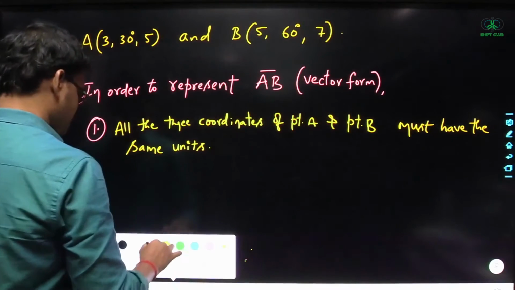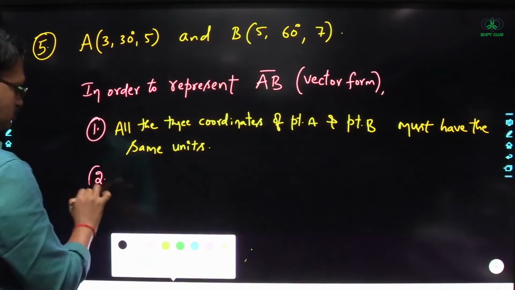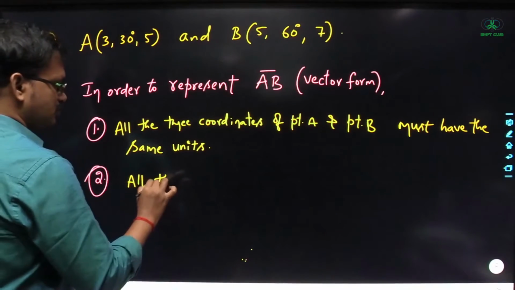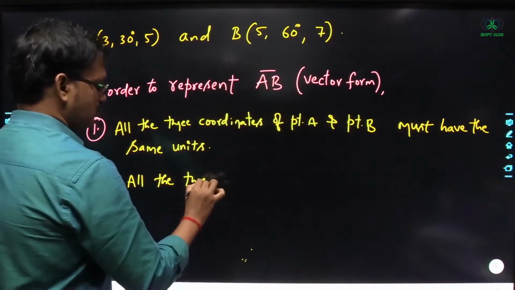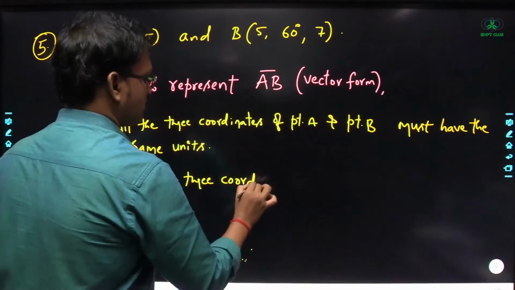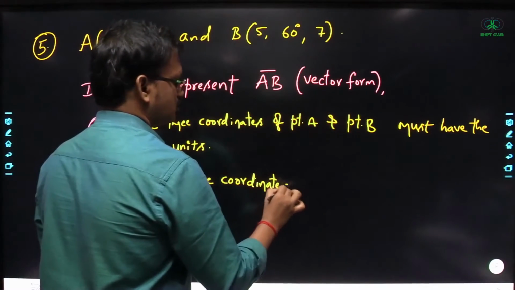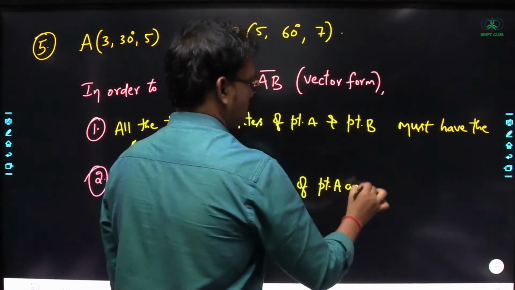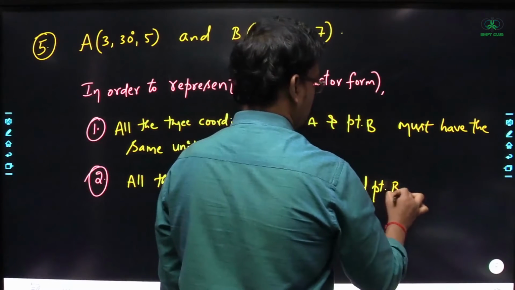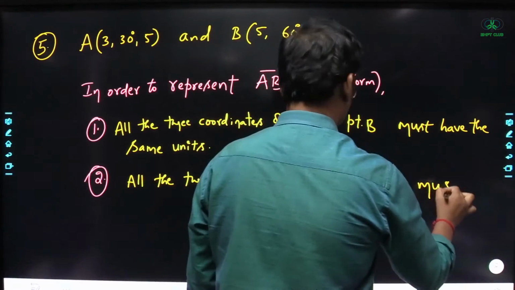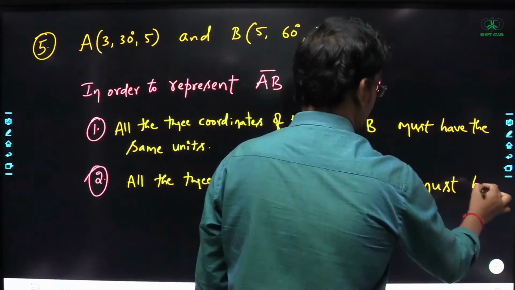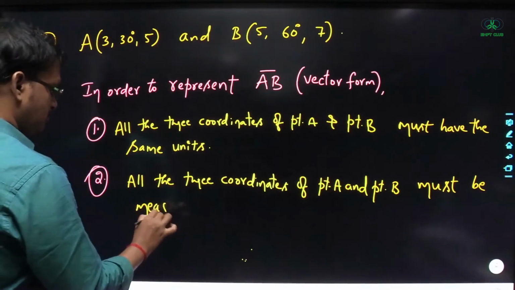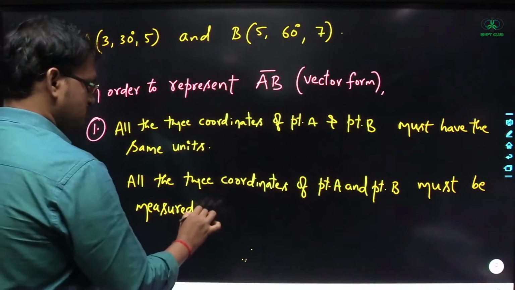Okay, so next condition: all the three coordinates of point A and point B must be measured with respect to what?